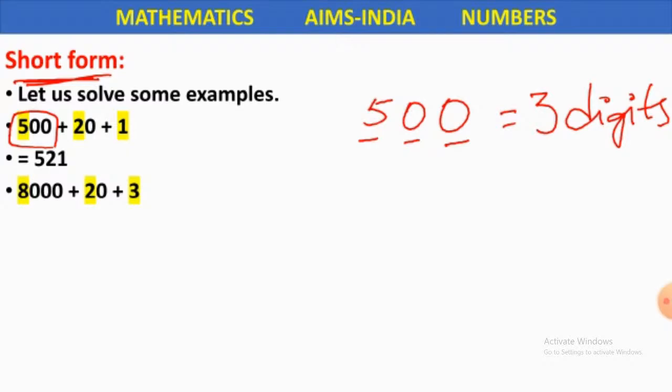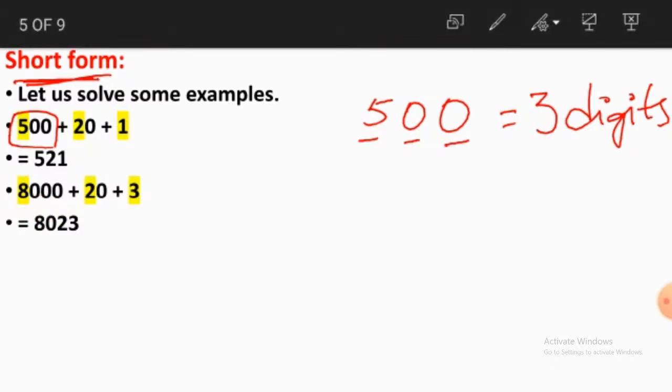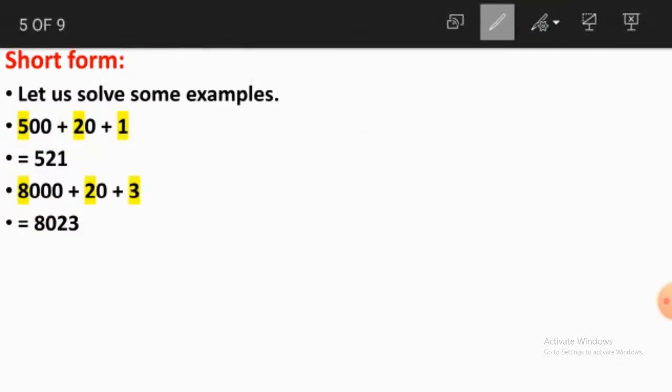Sometimes in the exam you might get a question like this: 8,000 plus 20 plus 3. Here the first number given is 8,000.